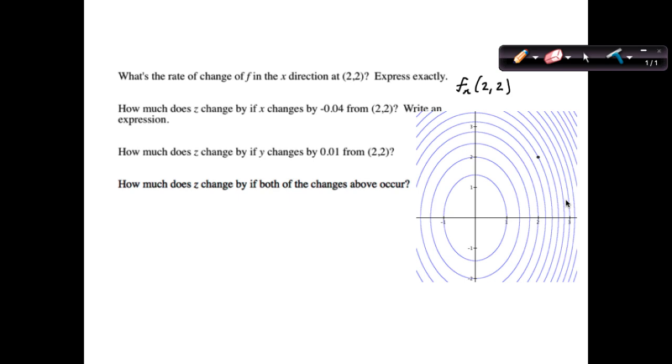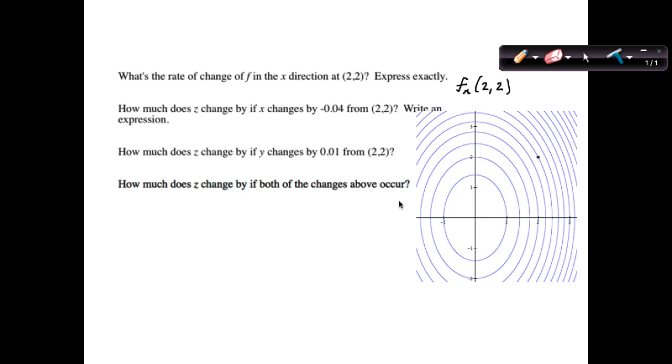Right? Okay. How much does z change if x changes by negative 0.04 from 2, 2? So now I'm going to make a little change, negative 0.04, meaning I'm going to go in the negative x direction. And what expression would then calculate the corresponding change in z? Jackson, did you get it?